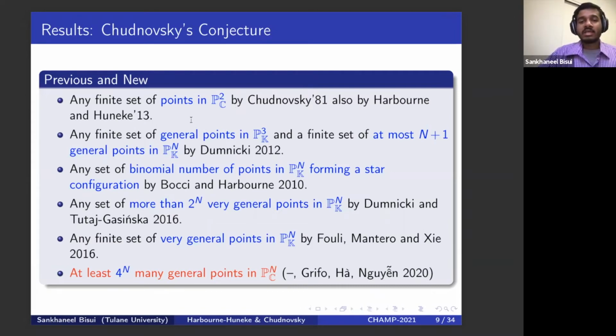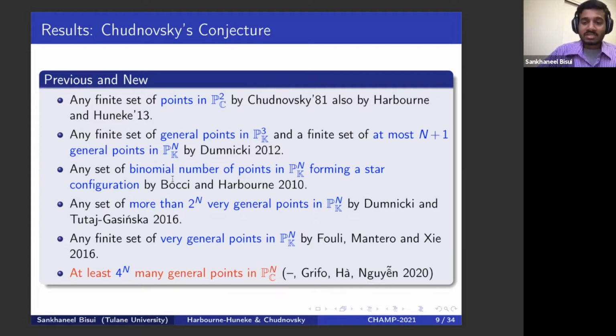And Harbourne and Huneke used some kind of containment to prove the actual bound. Now, Dumnicki proved Chudnovsky's conjecture for general points in P3, and at most n plus 1 general points in P^n_K. Bocci and Harbourne proved that Chudnovsky's conjecture is true for a binomial number of points in P^n_K forming a star configuration.